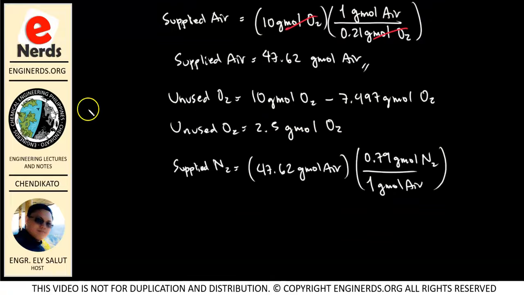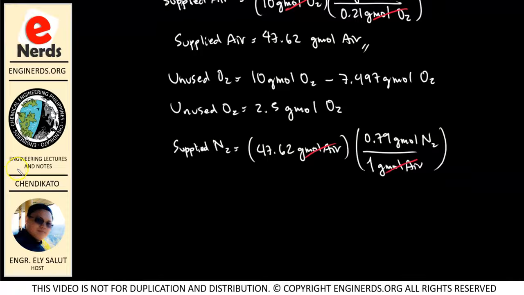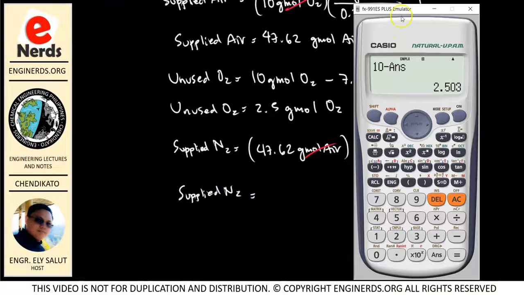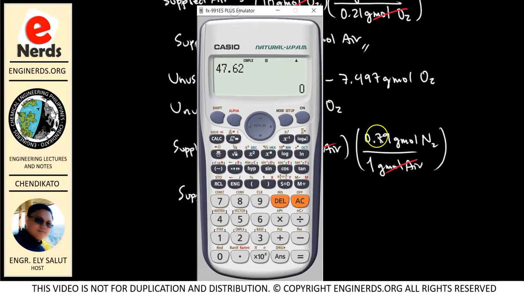So, therefore, this will be cancelled out. So, ang makukuha natin for the supplied N2 is equal to 47.62, okay, times 0.79.